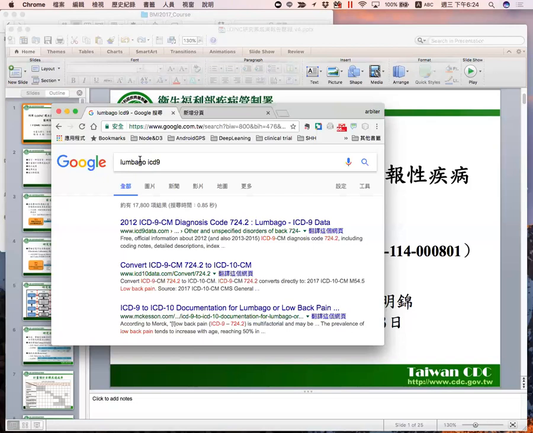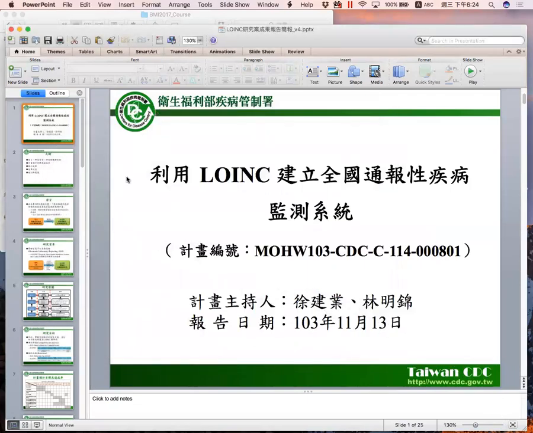I had already explored that in my PhD work, so I had some suggestions for them, and they agreed that it could probably solve their problem. So basically we try to use LOINC to submit. For example, Shuanghe is one of the participants.